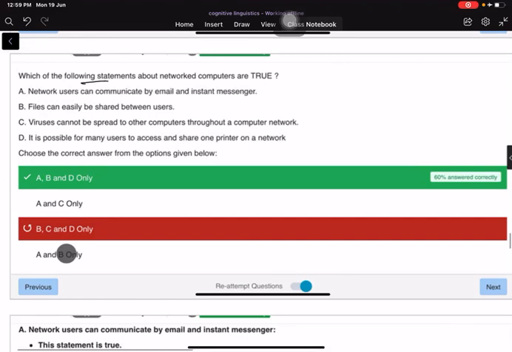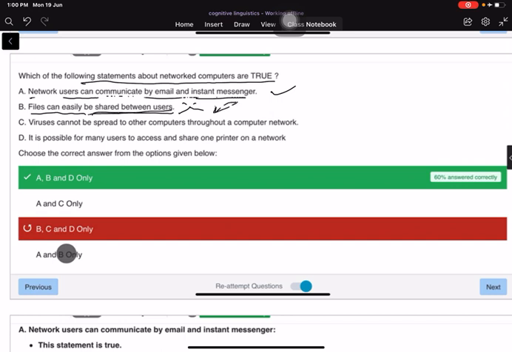Now, which of the following statements about networked computers are true? Network users can communicate by email and instant messenger, correct. "Files can be easily shared between users", that is correct, they can be shared between users.